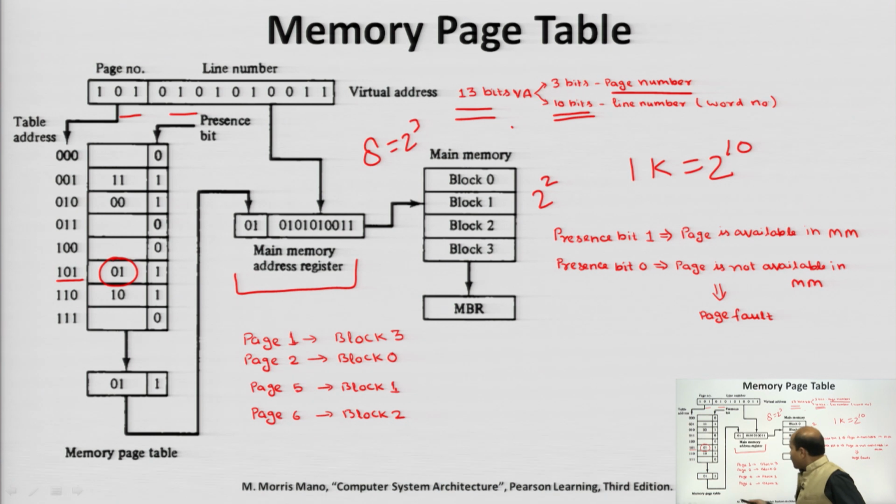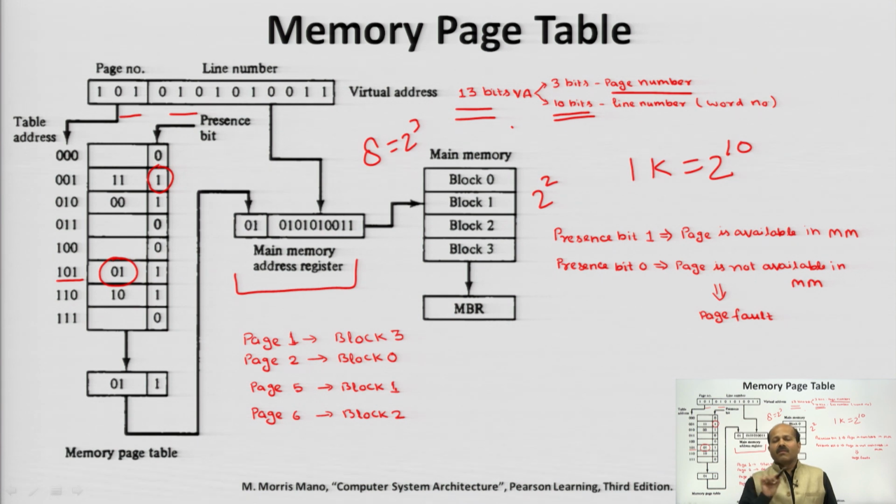As you can see, there are 4 pages available in different block locations. Page number 1 is available with block number 3, page 2 is available with block number 0, page 5 is available with block number 1, page number 6 is available with block number 2. And corresponding to these pages which are available in different blocks, the presence bit is enabled.